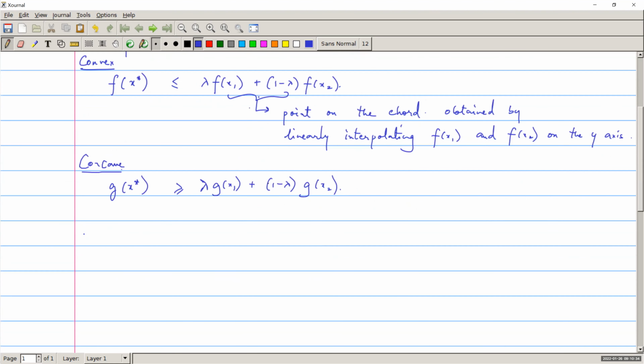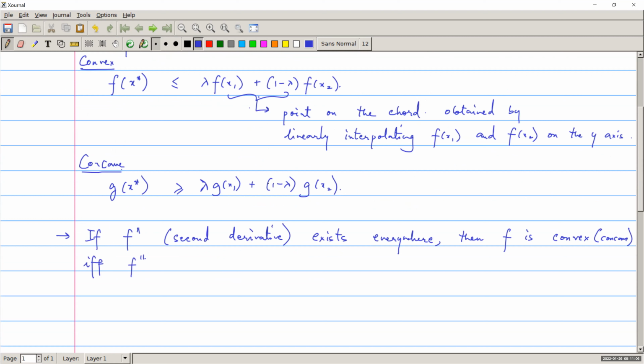So what should the second derivative satisfy for a function to be convex?